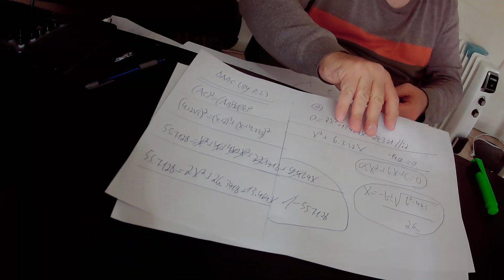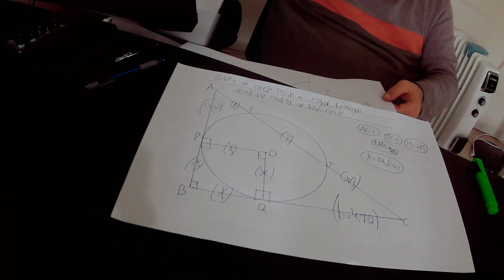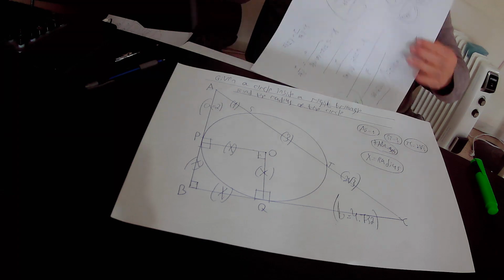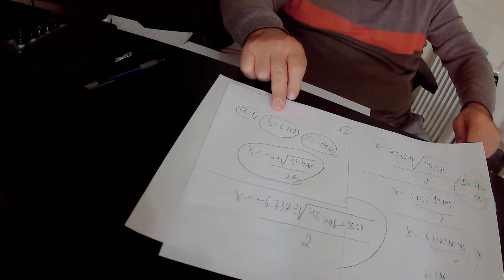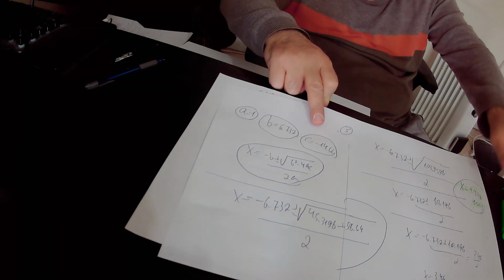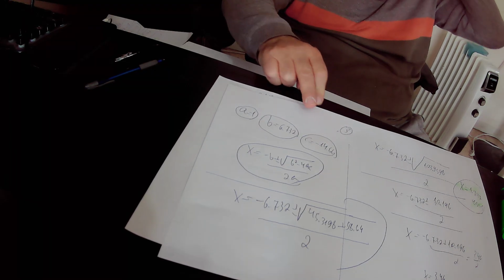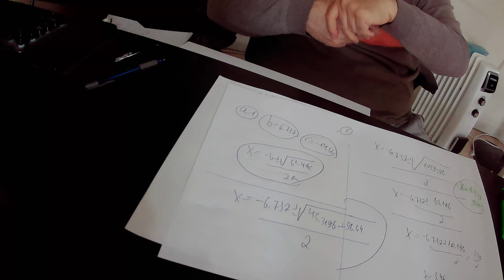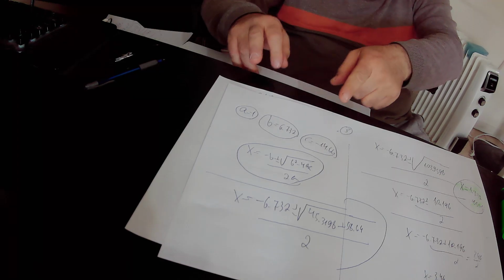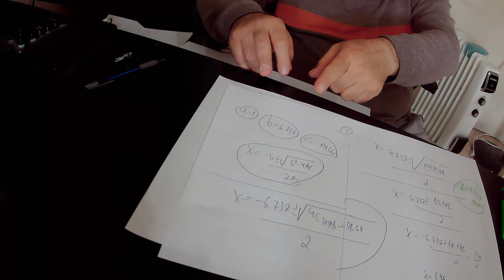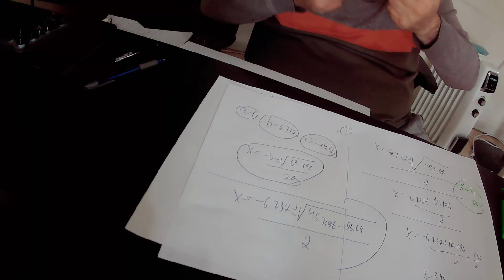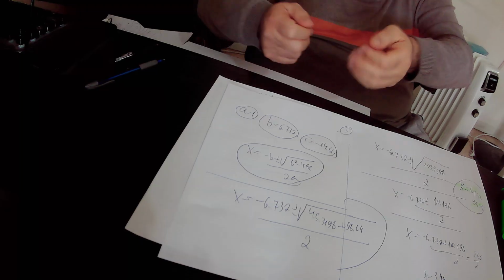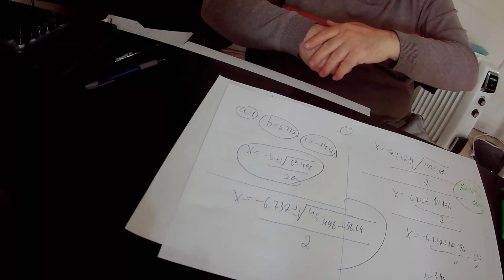Repeat again: in our specific quadratic equation, a equals 1, b equals 6.732, and c equals minus 14.66. So we have to put the data for our specific equation in this general formula in order to find the value or values of x.